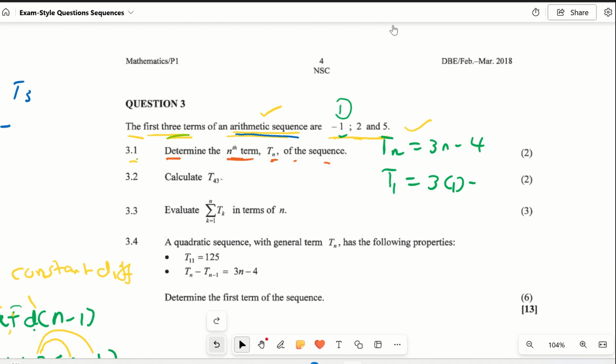Sharp, sharp. Let us go ahead and answer the next question. Calculate T43. So that is term number 43, which is simply substitute in place of n, 43. Punch into your calculator and tell me what answer you get there.